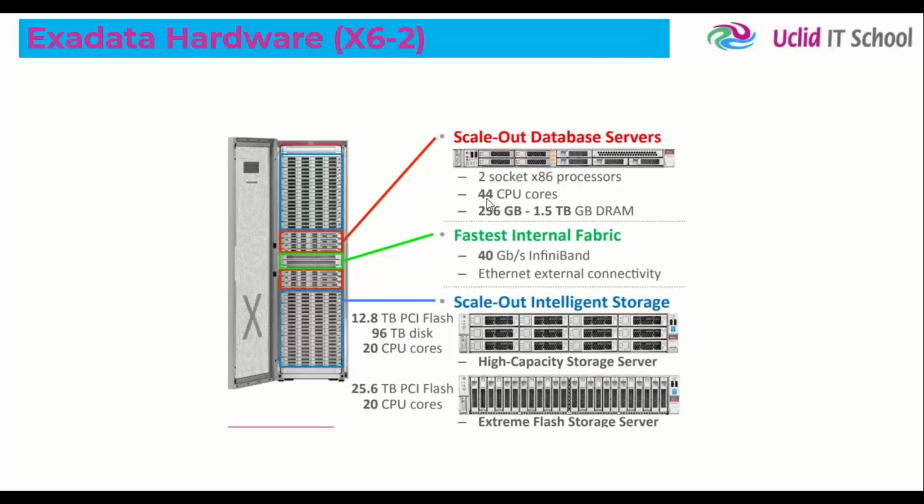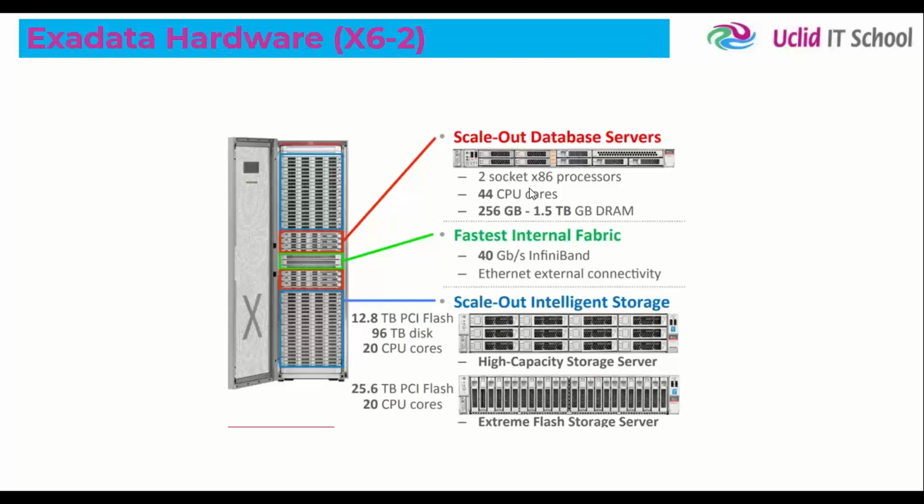And with a total of 44 CPU cores. That means per socket, how many CPUs? 22. 2 sockets, 22 times 2, 44 cores. And on the database server, the base memory installed is 256 GB, which can be upgraded up to 1.5 terabyte.